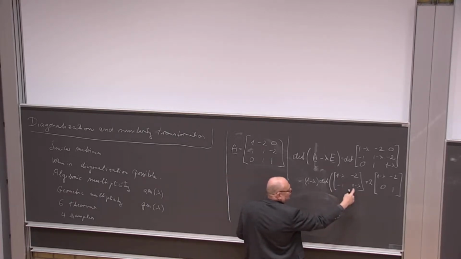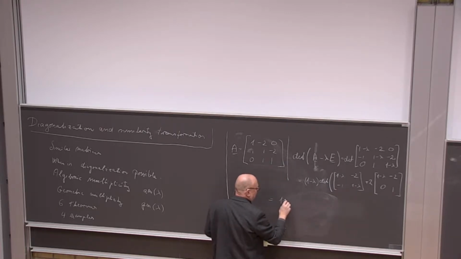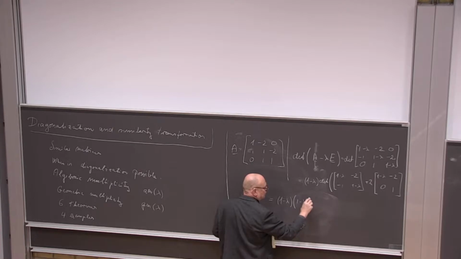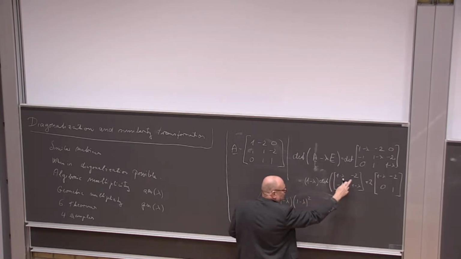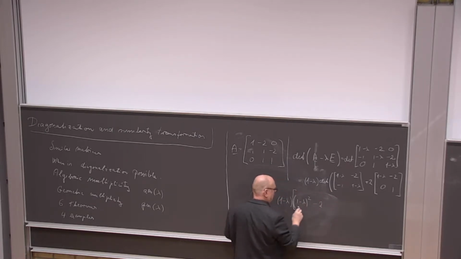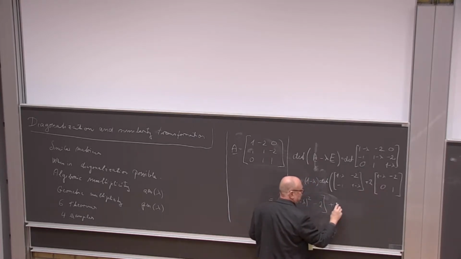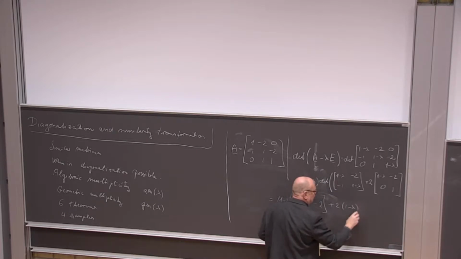So this one is 1 minus lambda times 1 minus lambda squared, and then minus, minus 1, so that will be minus 2. And then here I get plus 2 times 1 minus lambda.